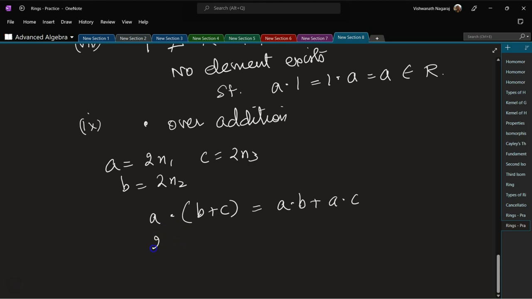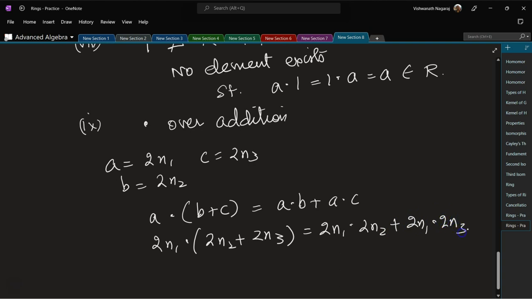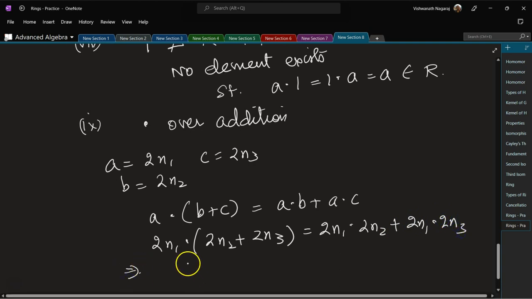So (2,1) times ((2,2) plus (2,3)) is equal to (2,1) times (2,2) plus (2,1) times (2,3), which implies 4n1 times n2 plus 4n1 times n3.